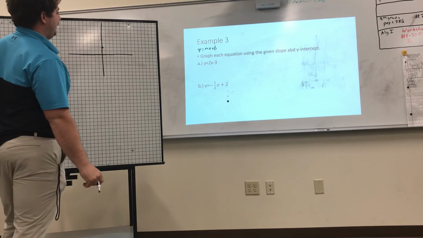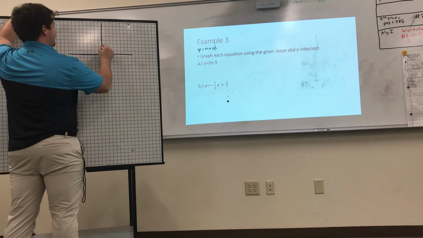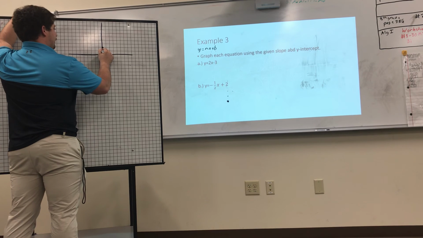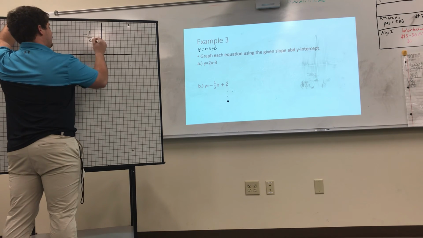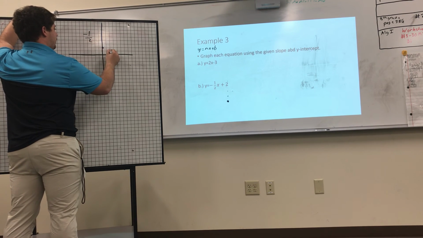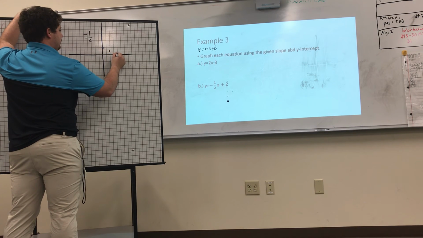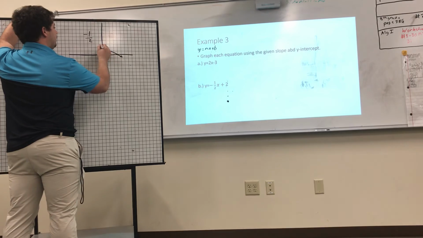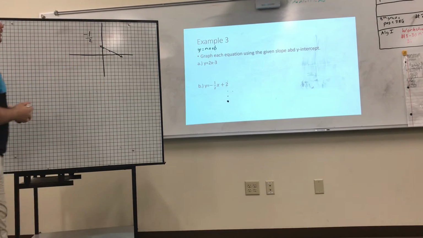Now, negative 1/2. So we're going to be down 1, because it's a negative 1 over 2. So we're going to go down 1 over 2, down 1 over 2. There we go. That would be my other one.